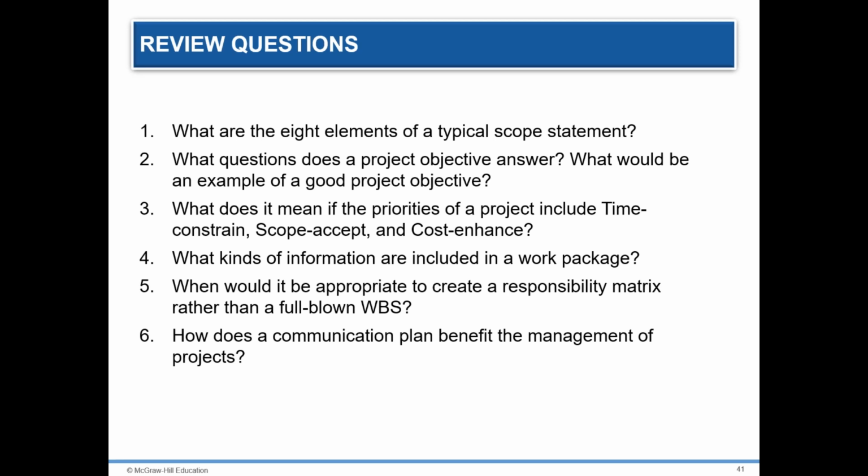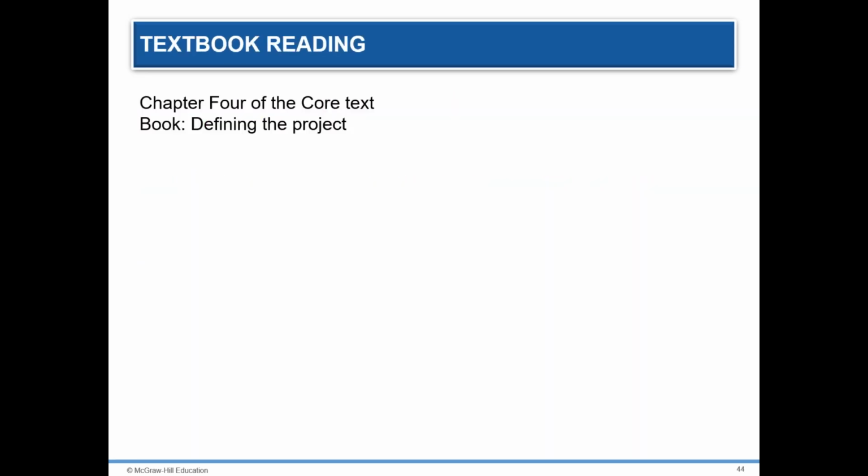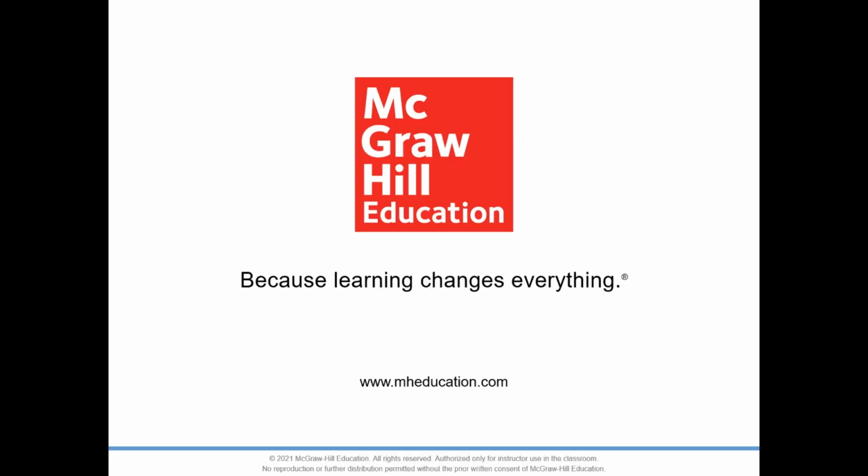And also questions about OBS, WBS, and the benefits and strengths of using a communication plan in project management. This is a list of key terms used in this chapter that can help consolidate students' understanding and information attainment. Chapter 4 is the core textbook reading, which is about defining a project.